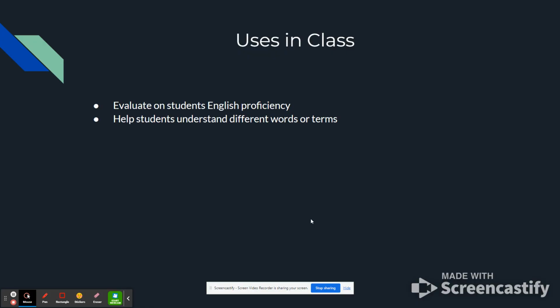Uses in class. Each of these helps evaluate each student's English proficiency. Like with Kahoot, for example, you have to read the problem quickly, understand the problem quickly, and answer the problem quickly as well.